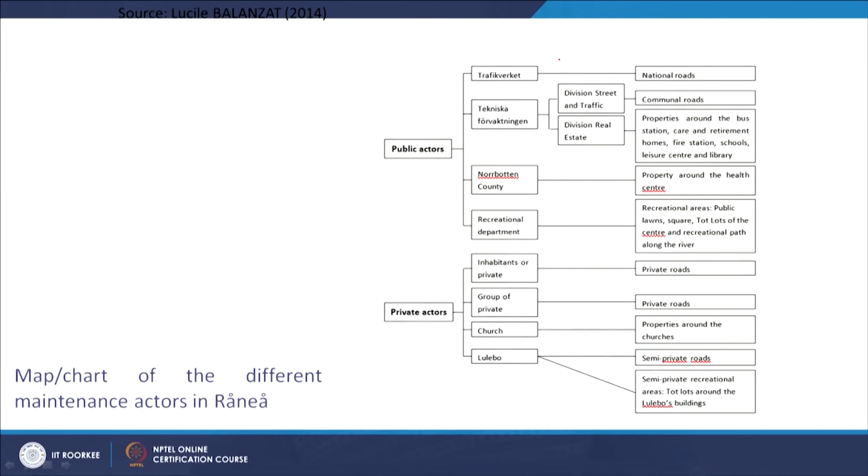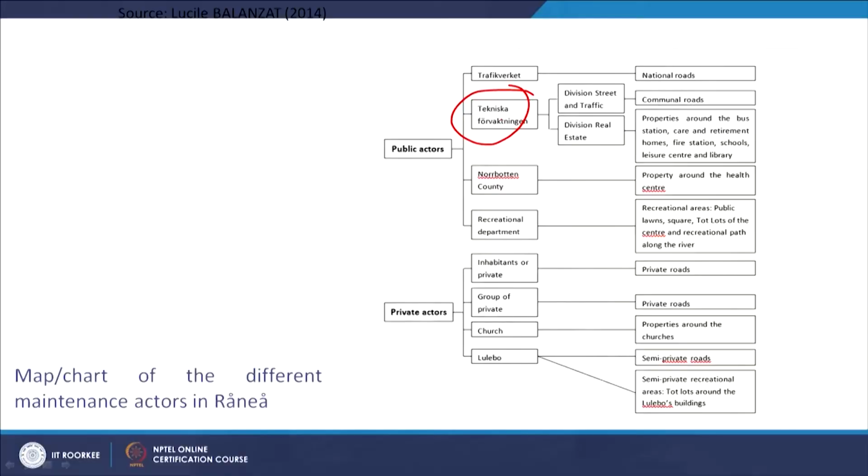Now, in the whole, what we did was we started mapping both the stakeholders, both the public and the private aspects. Here we are talking about the traffic worker, which talks about the national roads, because the national highways are taken care of there. There is Tekniska for rethinking, which talks about the division, street and traffic, and within that they have the real estate.